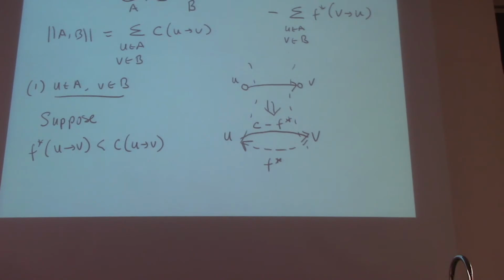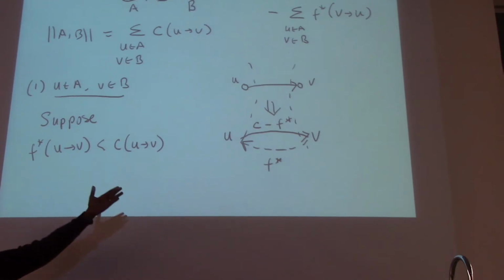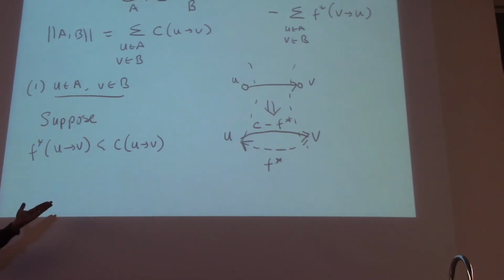Yeah? In fact, the algorithm has not stopped, or there is a path from U to V. Remember what we claimed. We claimed that A was the set of all vertices reachable from S. We don't know if there's a path from S to T. But if this is the case, then our assumption is wrong because we said V was not in A. We started off with this graph saying V is not in A, V is in B. But now we're saying, no, in fact there's an edge from U to V. That means V is reachable from S. Because U is reachable from S, and therefore V is reachable from S. There is a contradiction.